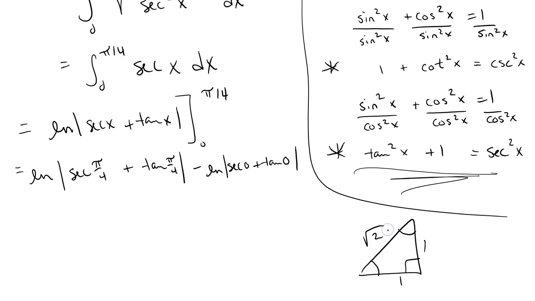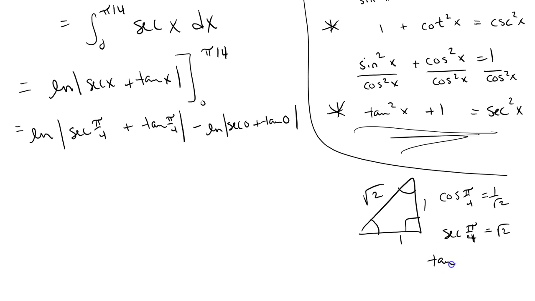Going back to my trig with my standard 45, 45, 90 triangle, the cosine of pi over 4 is 1 over the square root of 2, and that means that the secant of pi over 4 is going to be 1 over that, so that'll be the square root of 2. And the tangent of pi over 4 is going to be 1 over 1. So this is the natural log of the absolute value of the square root of 2 plus 1 minus the natural log. Cosine of 0 is 1, so secant of 0 is also 1, and tangent of 0 is 0.